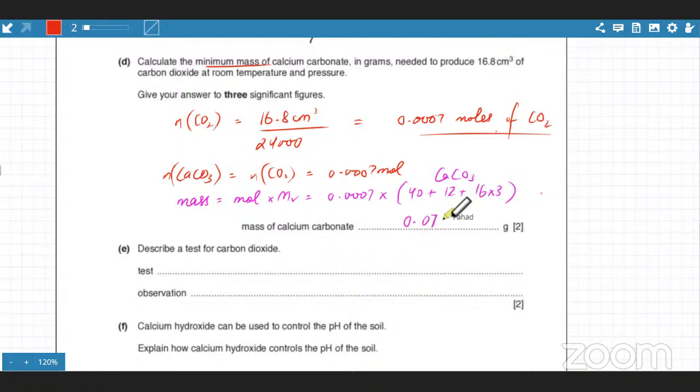To make it three significant figures, I'm going to add two more zeros. Remember, even this number is incorrect. It has to be three significant figures. This value over here is just one significant figure. Add two more zeros to make it three significant figures. Make sure that you, especially for O levels, write answers up to three significant figures. 0.07 is not sufficient. It should be 0.07 followed by two more zeros.